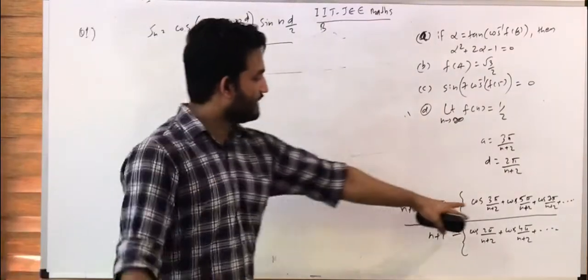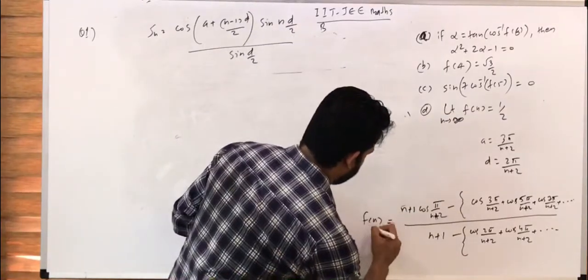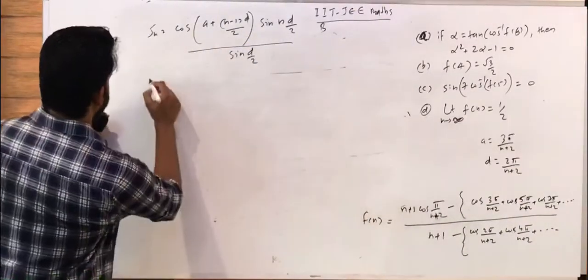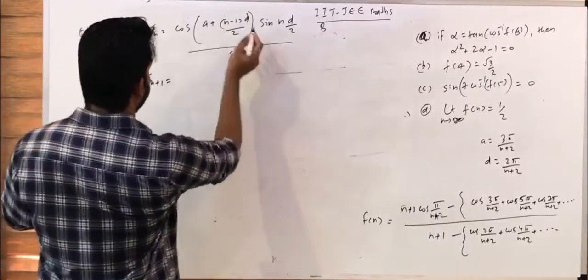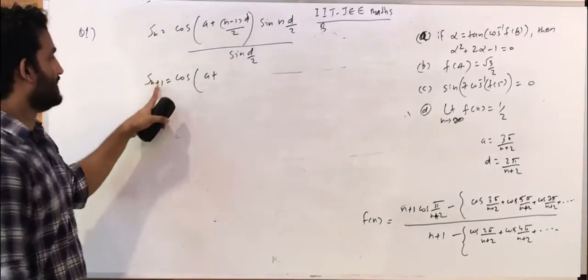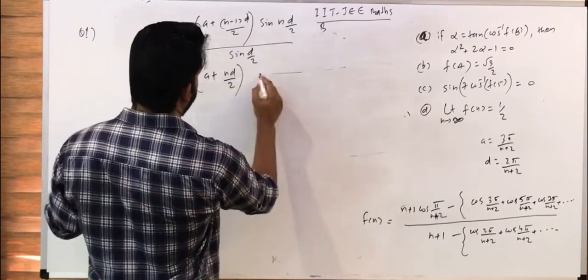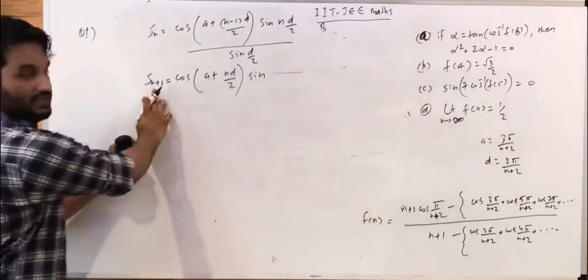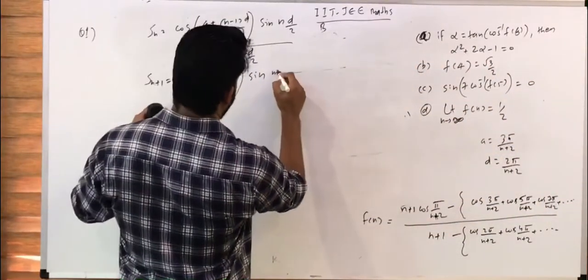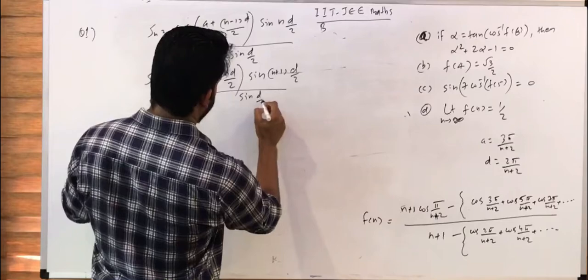So here how many terms are there? k varies from 0 to n, so n plus 1 terms are here. So it changes to the sum of n plus 1 terms: in terms of n we substitute n plus 1, and then the minus 1 gets cancelled. So cos of a plus n d by 2, into sine of n plus 1 into d by 2, divided by sine d by 2.